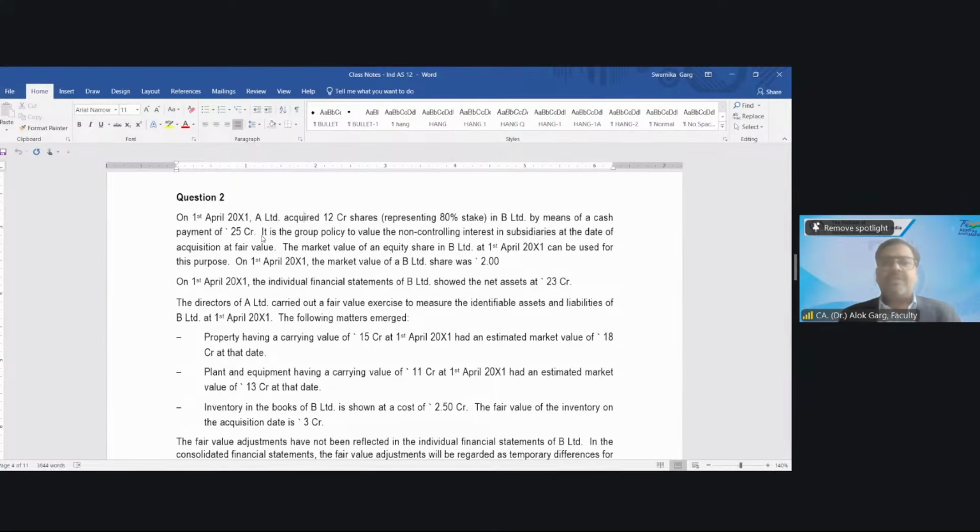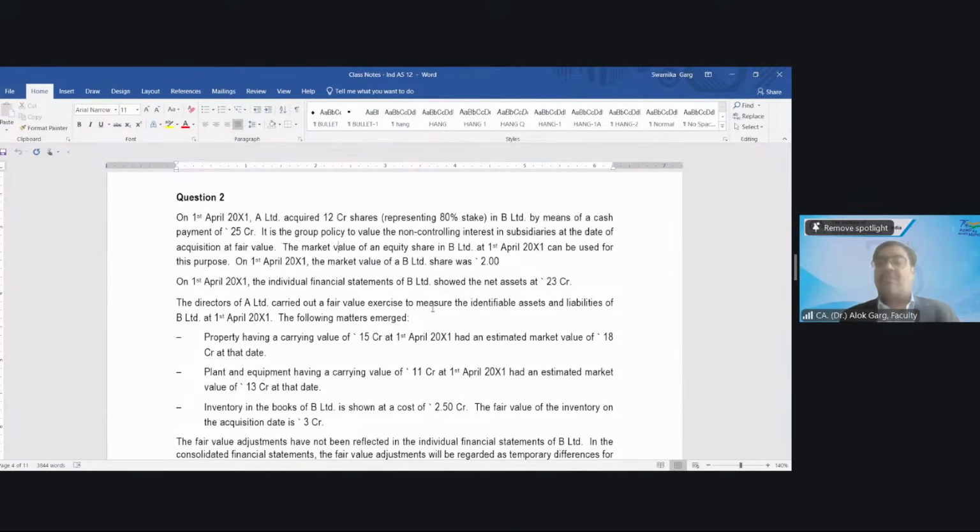And how many shares have they acquired? 12 crore shares. It is the group policy to value the NCI in subsidiaries at the date of acquisition at fair value.